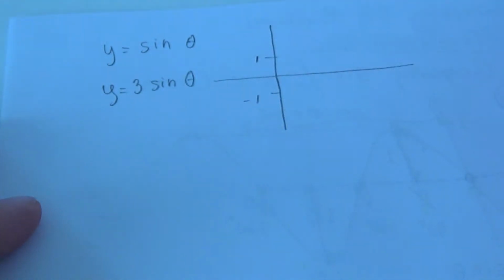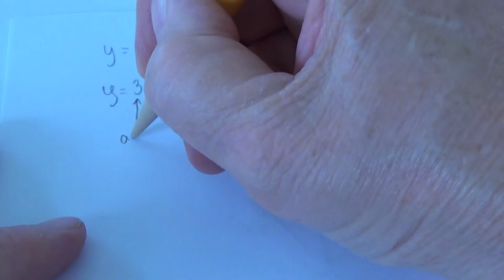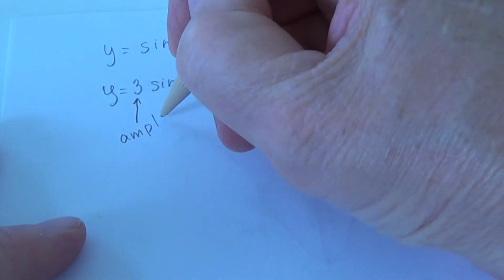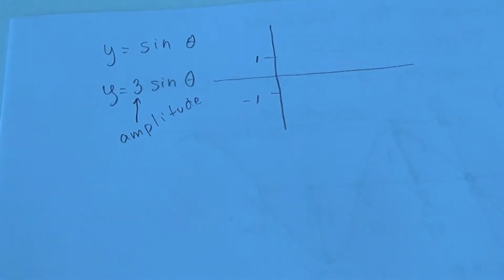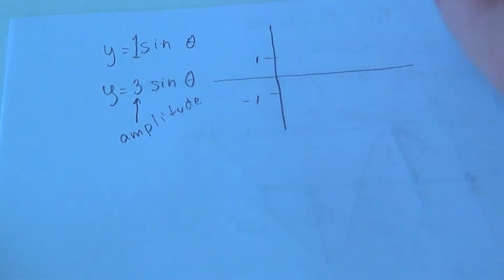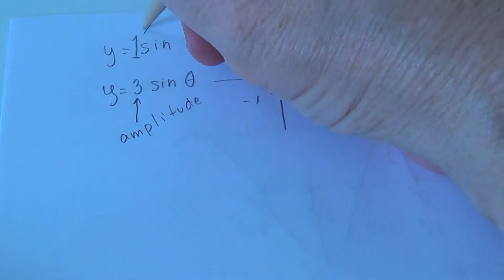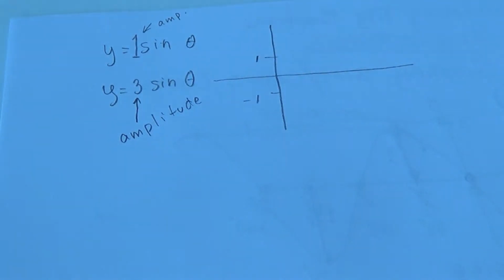Y equals 3 sine of theta. This number messes with the amplitude. So the amplitude, see if I can spell it this time. The amplitude is no longer 1 up here, because 1 times sine, we don't write the 1, but everyone understands that the amplitude is 1 in that example.